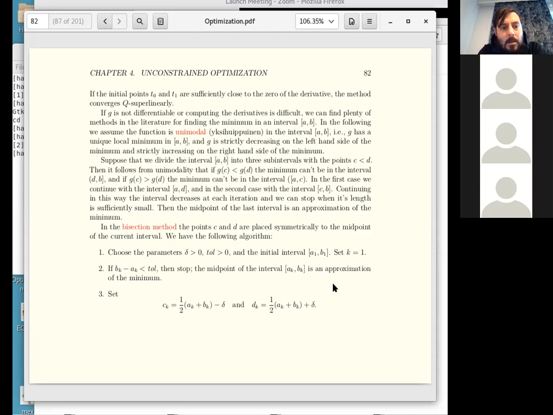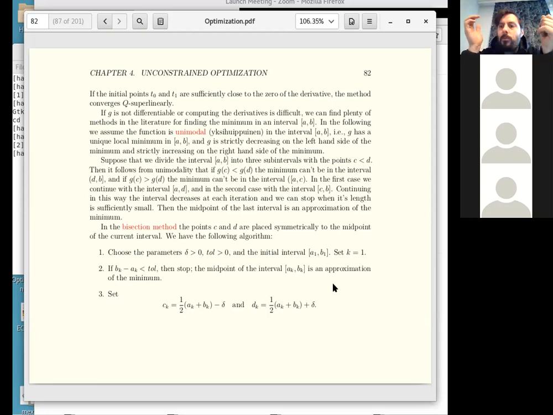And then there is this delta, which is how much you're going to be making your interval smaller. And then you have an initial interval. If your interval is so short that it's smaller than your tolerance, then you can just pick the midpoint, and you're close enough to the minimum.